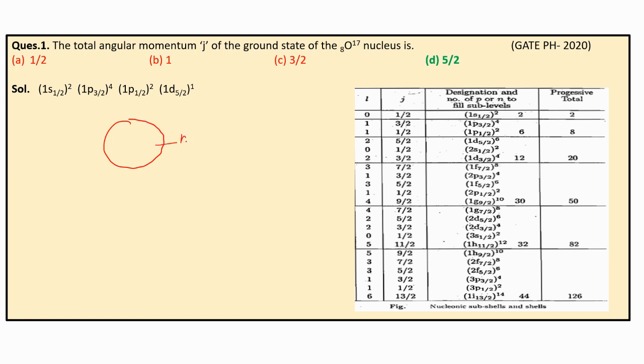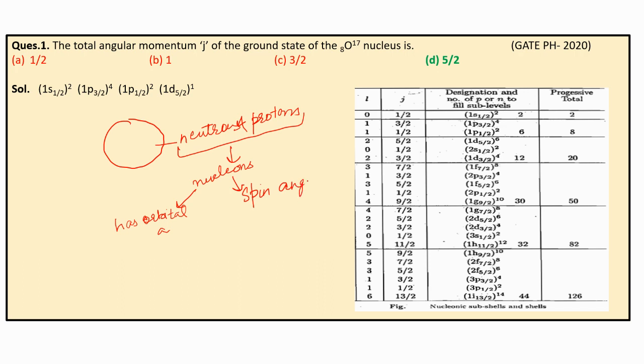Okay, so this is oxygen nuclei or any nuclei you can say. It contains neutrons and protons, right? They are collectively called nucleons. Okay, this nucleon has orbital angular momentum and spin angular momentum, right?